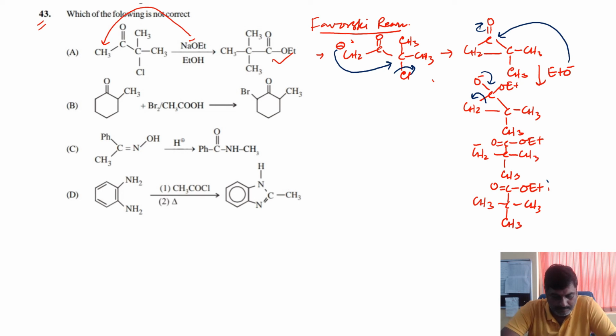Next one, option B you see. This ketone reacts with Br2, CH3COOH. One thing you understand, that tautomerization takes place, this is electrophilic substitution, alpha halogenation, and you have already learned that if this is a strong basic medium, then the kinetic product is the major one, otherwise the thermodynamic one.